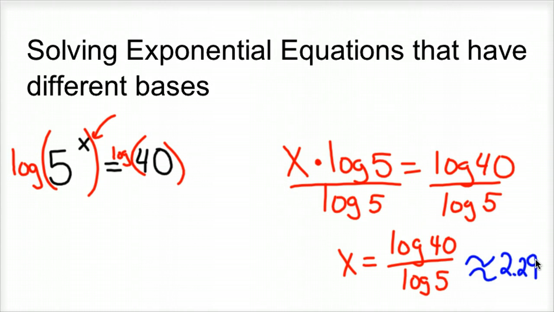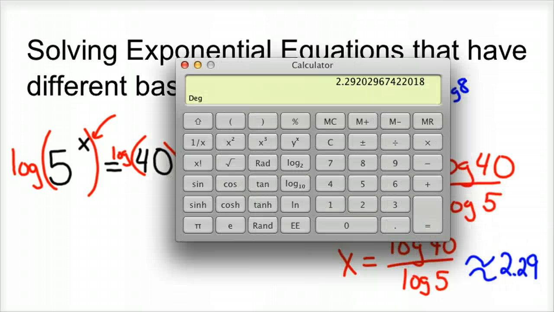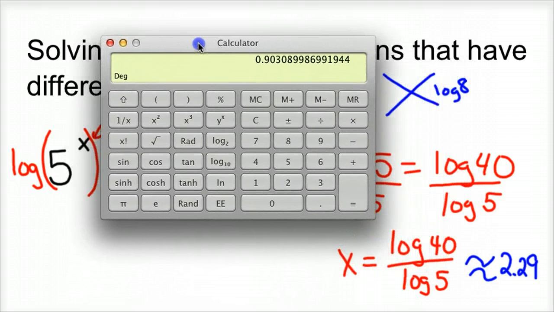Just out of curiosity, again not the answer, what does log 8 give us? Because this is a common error that occurs when people do these. Log 8 is 0.9031. And here's the deal.